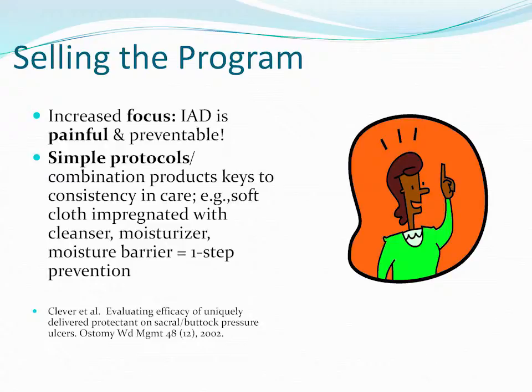Our key functions are, first of all, to establish very simple, easy to follow protocols, to limit the number of products available so we limit confusion. If I can take a clean up, moisturize, and protect protocol from 3 steps to 2, I'm going to get better adherence.